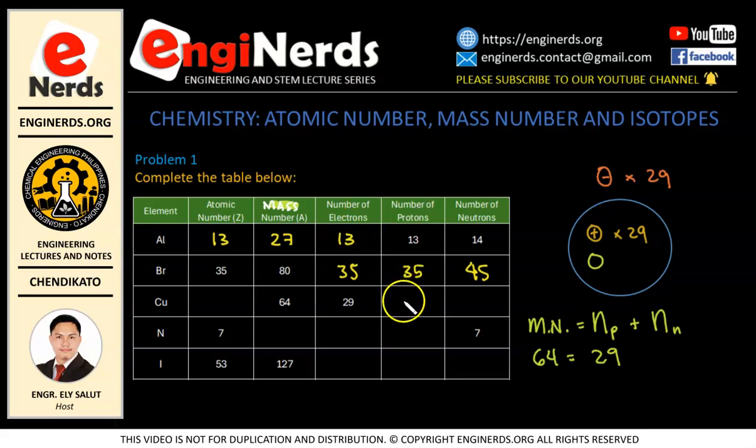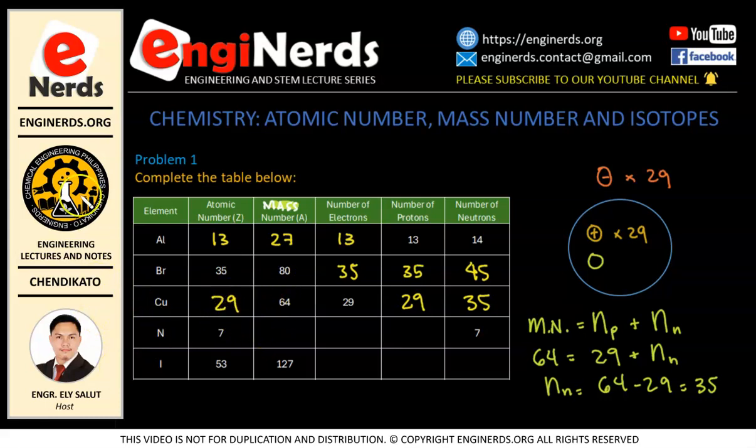So the number of protons will be 29 as well. Then using that, we have here plus the number of neutrons. So that means the number of neutrons is equal to 64 minus 29, which is equal to 35. All right, so that means we have 35 neutrons here, and the number of protons is equal to our atomic number Z. So we have 29 here.